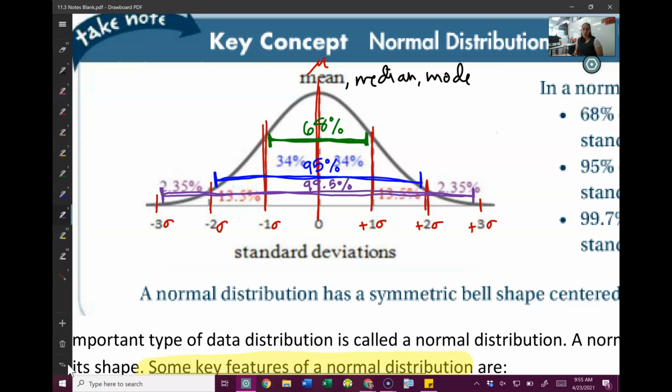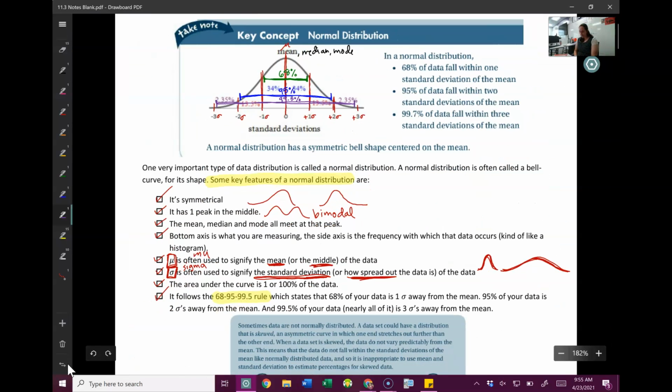So the farther away from the mean you go, the more unusual the data is. So that's the 68, 95, 99.5 rule. So that helps you see what percent of the data is included from this number to this number. And we'll go through examples of that in the problems that we're going to do.